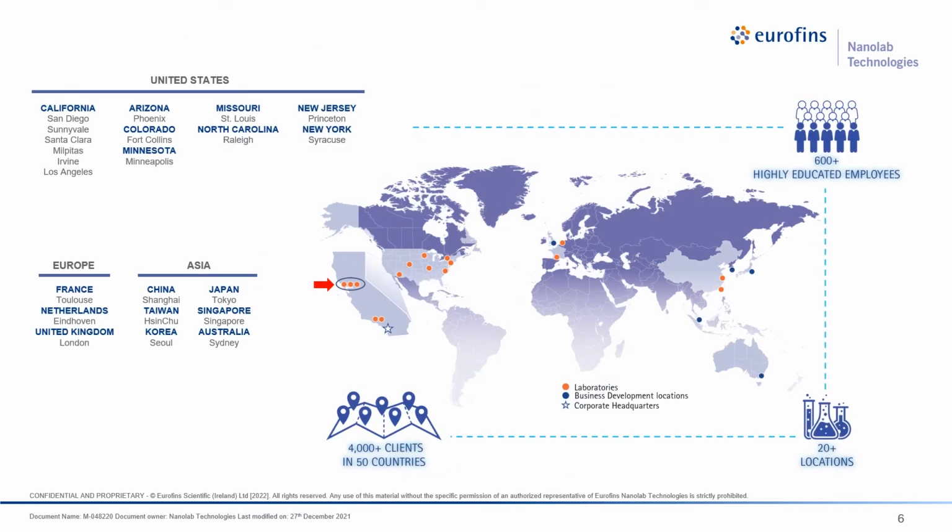Nanolab is part of the global family of EAG Laboratories and the Eurofins Material Science Division. EAG was established in 1978. We have labs at over 20 locations in 7 countries, and we offer more than 40 analytical techniques with over 300 instruments. We have 600 scientists, engineers, and support career scientists.